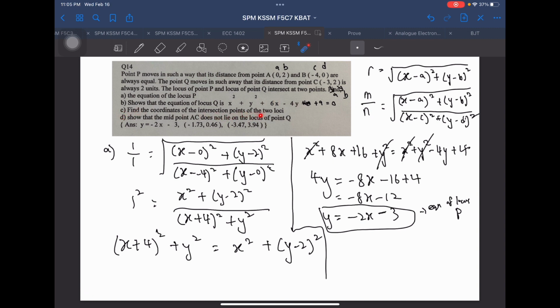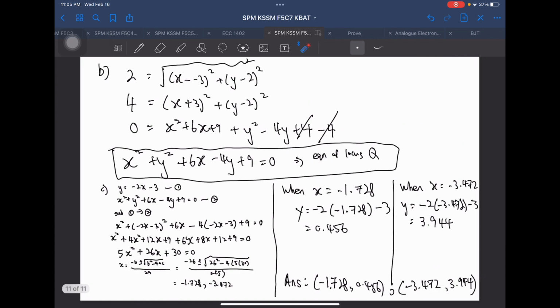Find the coordinates of the intersection points of the two loci, given that P and Q intersect at 2 points. Okay, so whenever you see intersection, first comes into your mind simultaneous equation. Since at these 2 points, at the intersection points, both equations hold.